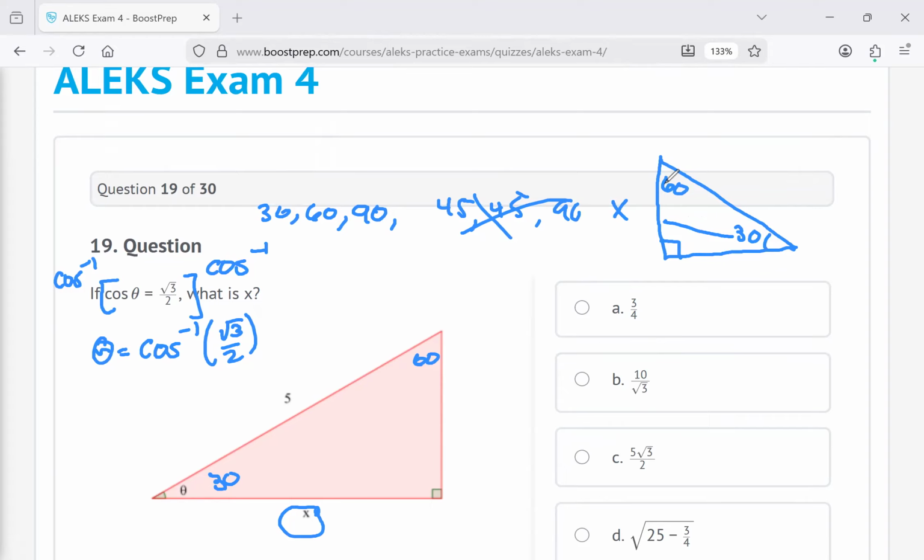The angle 60 has a side length of x radical 3. And then the hypotenuse is 2x.